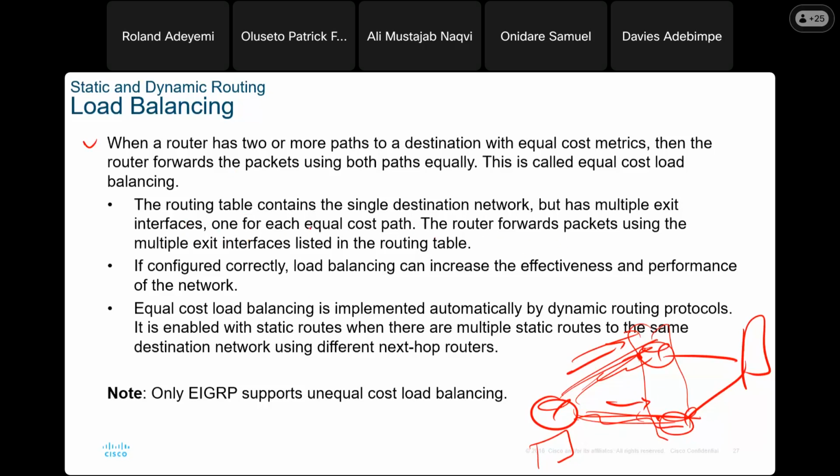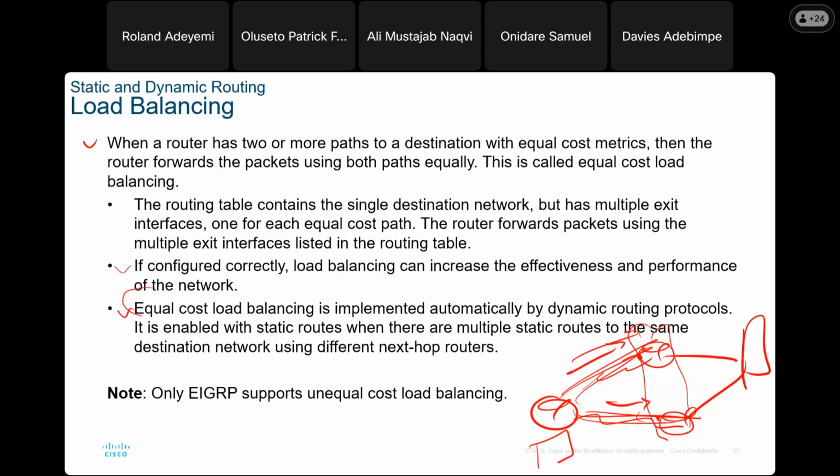The router forwards packets using the multiple exit interfaces listed in the routing table. If configured correctly, load balancing can increase the effectiveness and performance of the network. Watch now: equal cost load balancing is implemented automatically by dynamic routing protocols.